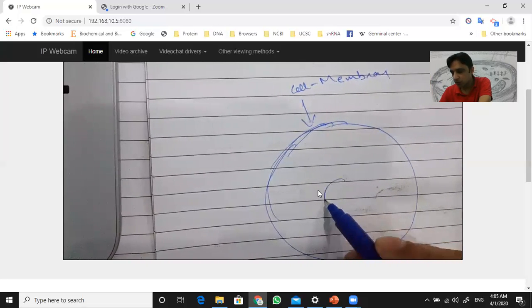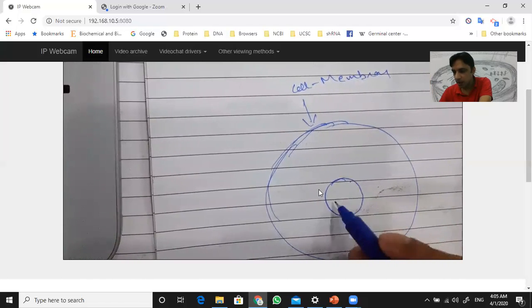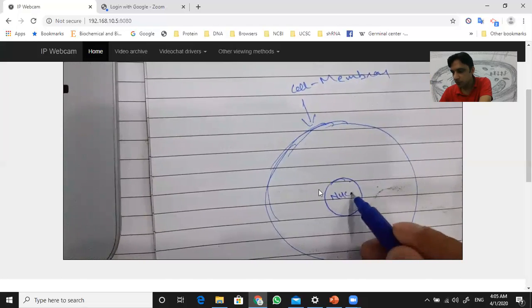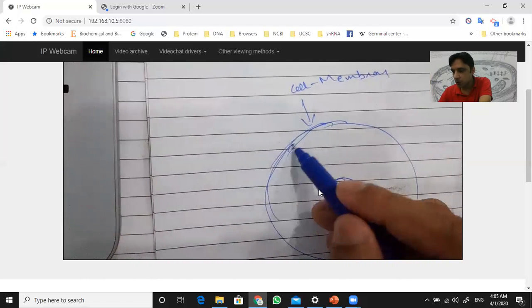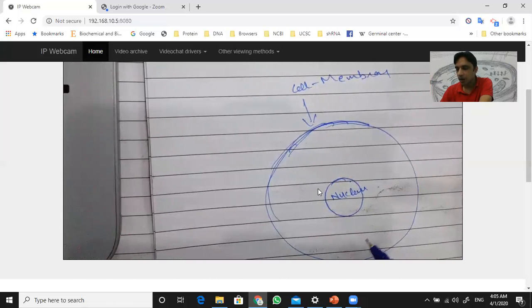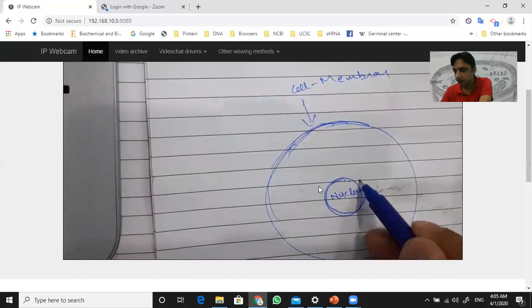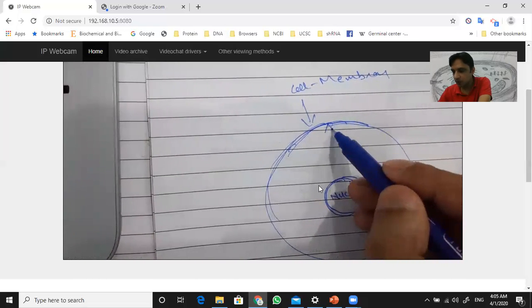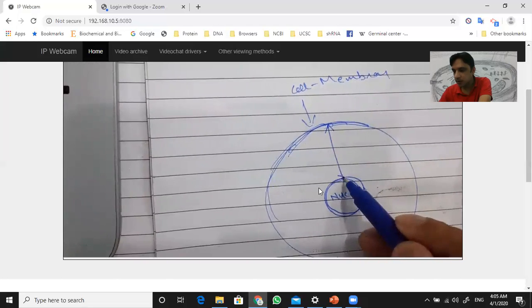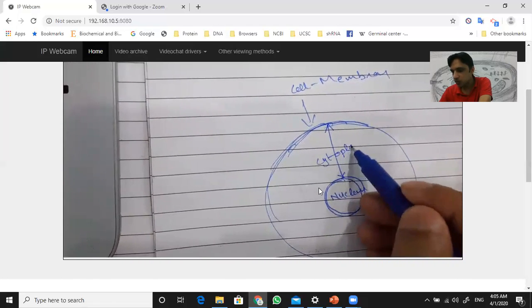I'm talking about the eukaryotic cell, and that component is called the nucleus. The outermost boundary of the cell is called the cell membrane, while a big nucleus is typically present within the eukaryotic cell. Everything in between these two is called the cytoplasm.